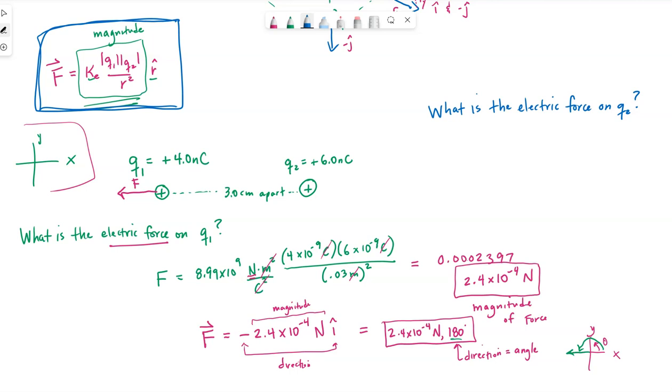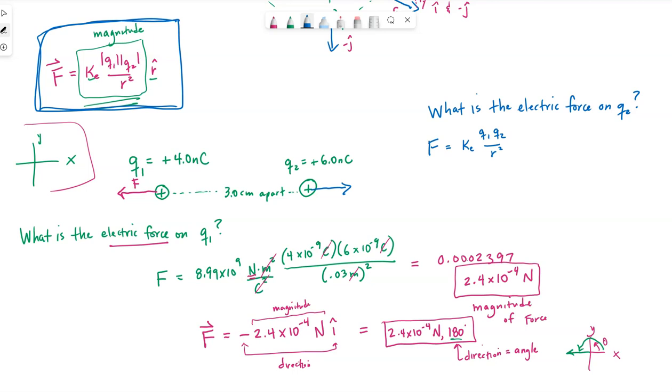Well, I know that Q2 is going to be repelled by Q1, so its force is going to be to the right. In terms of calculating the force, I need the same constant. I need to know the value of Q1, the value of Q2, how far apart they are.